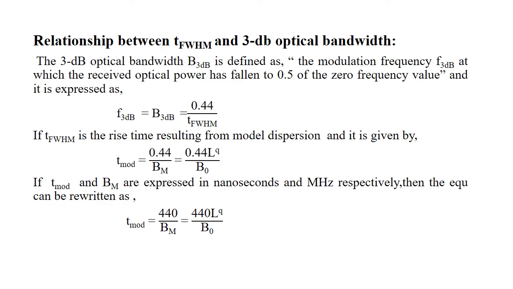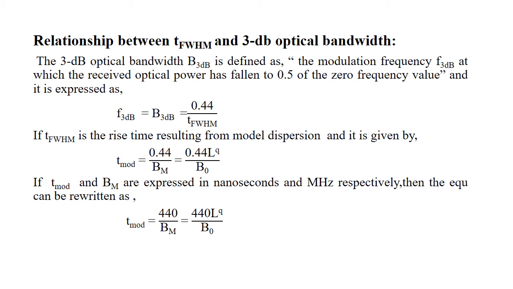Next one is relationship between T_FWHM and 3 decibel optical bandwidth. So the 3 dB optical bandwidth is defined as the modulation frequency f3dB at which the received optical power has fallen to 0.5 of the zero frequency value, and it is expressed as f3dB is equal to B3dB, that is equal to 0.44 divided by T_FWHM.